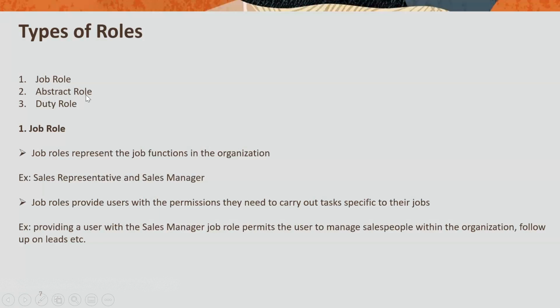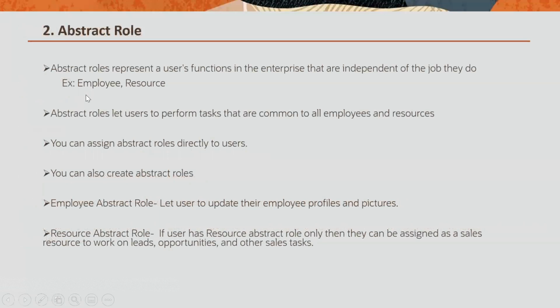Abstract role is nothing but, for example, employee and resource. These abstract roles are independent of whatever job role they are doing. As a sales representative or sales manager, both employees should have employee access.